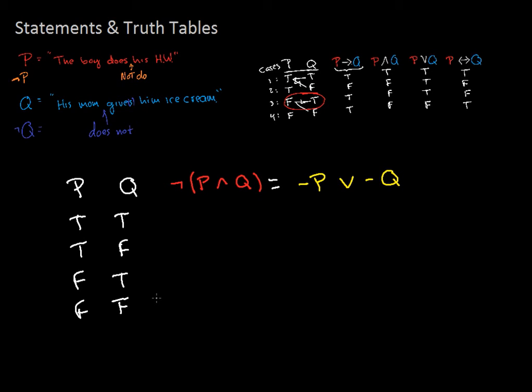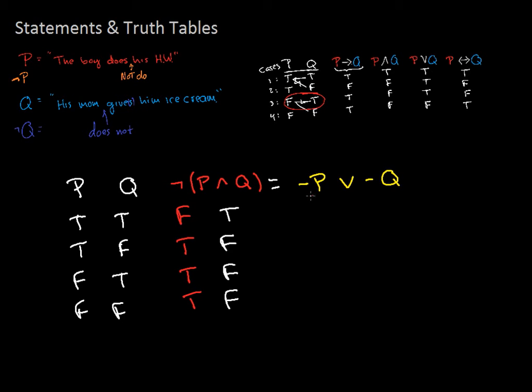Now P and Q: true and true is true. True and false is false. False and true is false, and false and false is false. Now, not (P and Q) is the opposite of these. So this is false, true, true, and true.